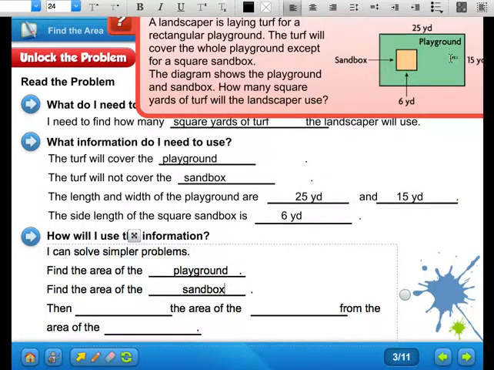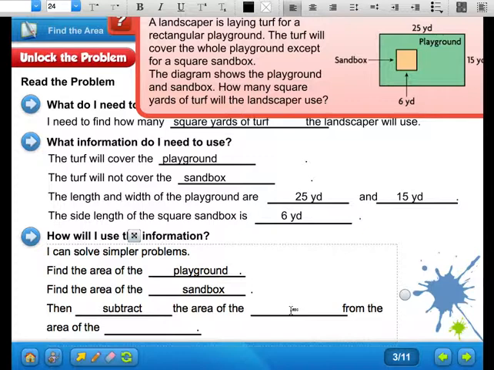So if I find the area of the playground and then I find the area of the sandbox, do we need to cover the sandbox? No. So what would I do? We don't need that section. So if I find the area of the playground, that's going to be this whole thing right here, including the sandbox. So then I could subtract, because I'm going to take out that piece. I don't need that.